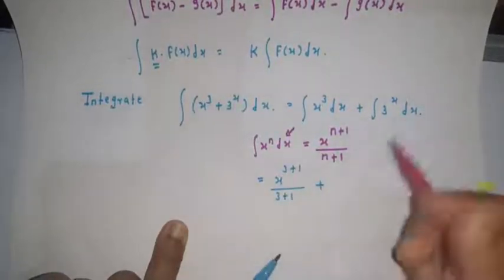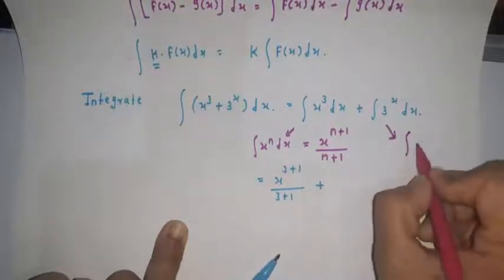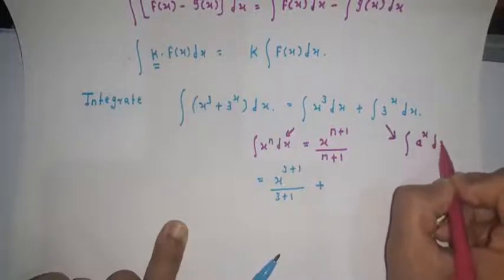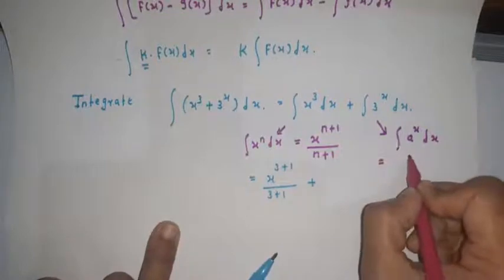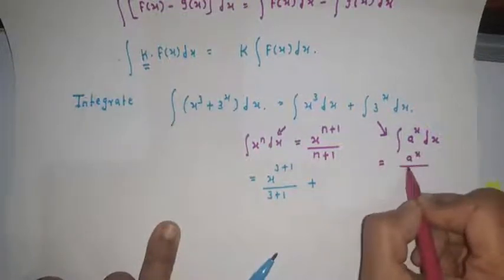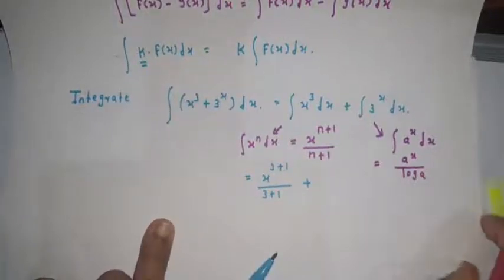Now for the second function, we have to use the formula for integration of a raised to x with respect to x. The formula is a raised to x upon log of a, and here the value of a is 3.